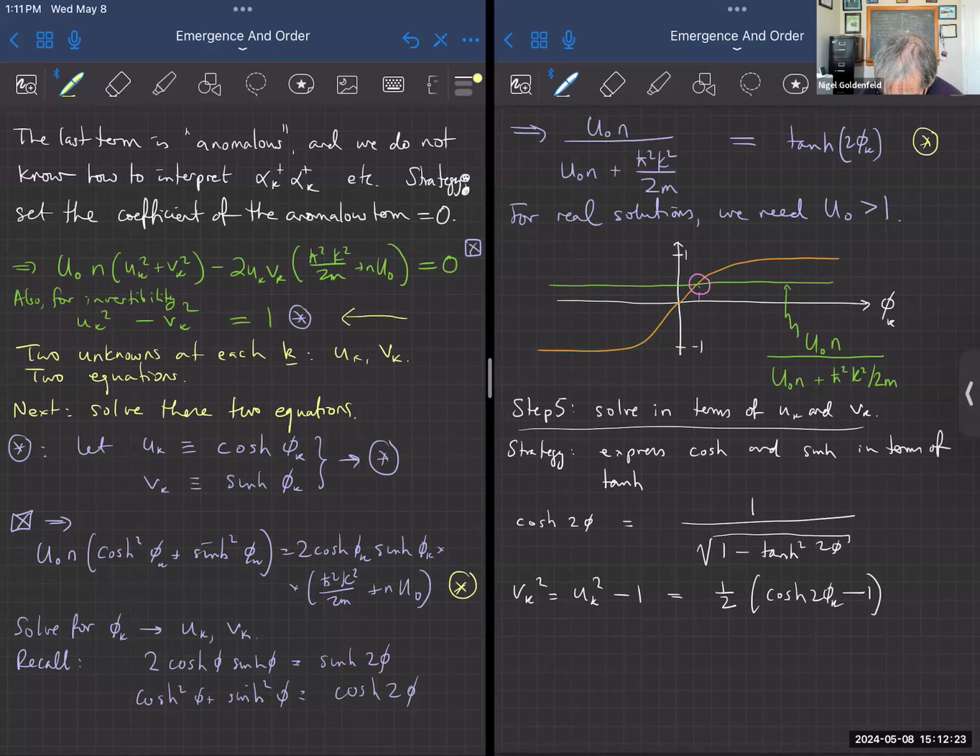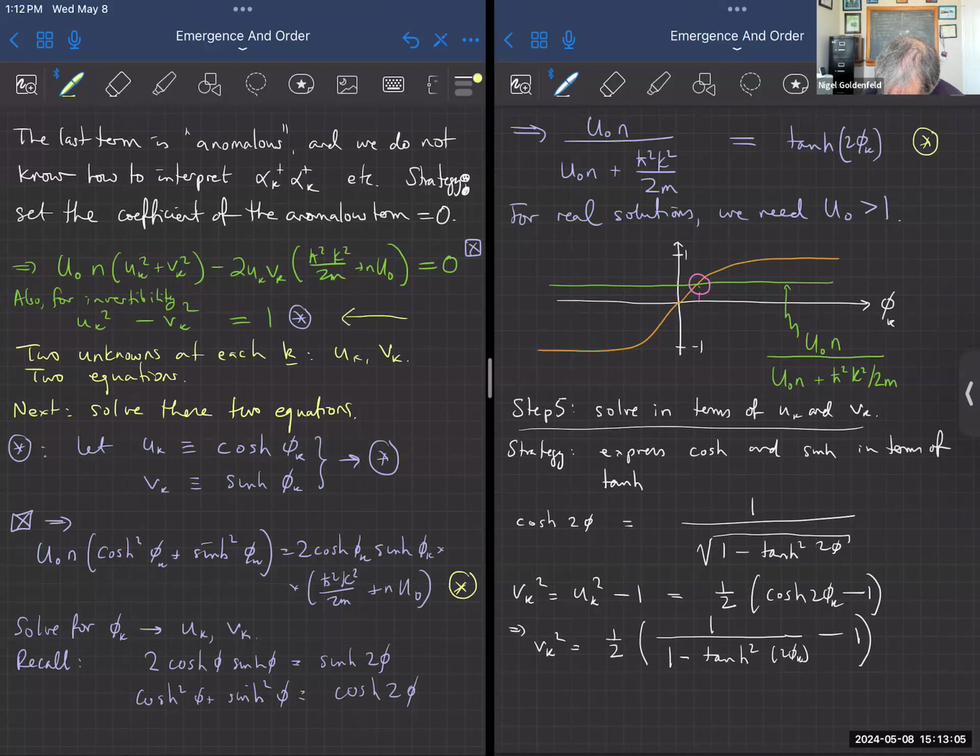So I now have a formula for V in terms of cosh 2 phi, and therefore I can write that V k squared is equal to 1/2, and then it's 1 over 1 minus tanh squared of 2 phi k, minus 1.